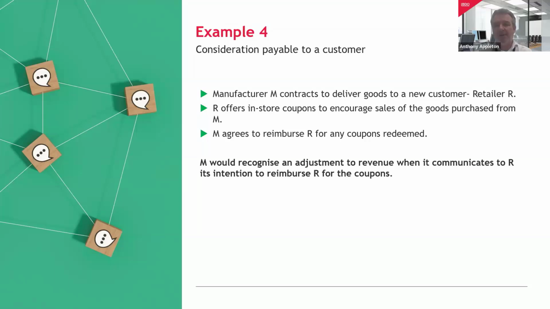So the manufacturer says it will pay for that shortfall. Well, what you need to do is consider, was any distinct good or service provided? No, it was just an adjustment to the amounts they received. We've said we would reimburse them. So from the moment we've communicated that to R, we should consider that to be variable consideration, and we should adjust accordingly.